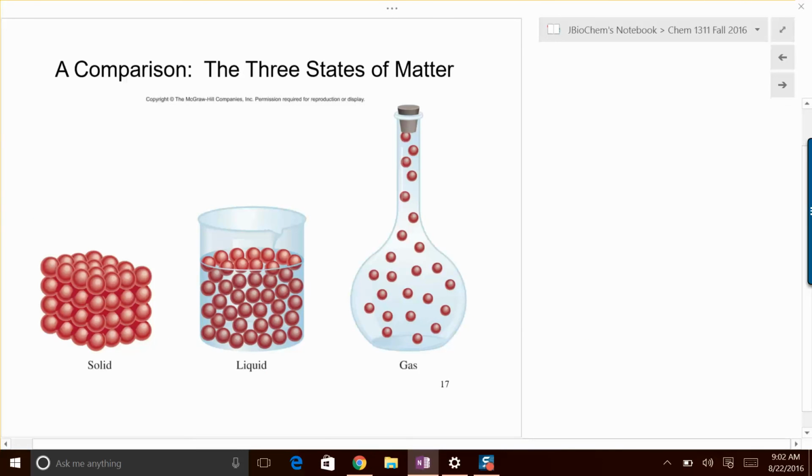Okay, so here's kind of an idea of those three states of matter. We have a solid. And you can see in the solid state, you're in fixed positions. The molecules are not moving around. They're fixed. They are vibrating, they're just not moving over each other. Okay?